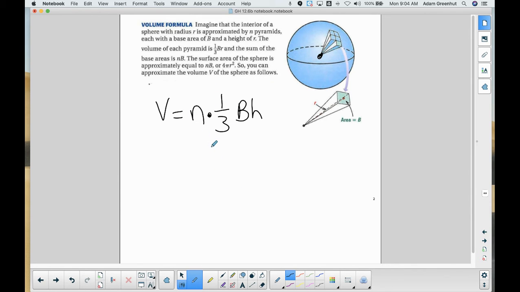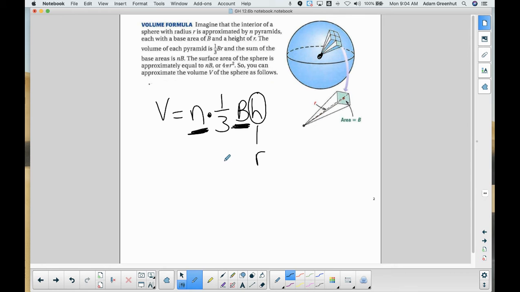So now let's see if we can regroup these factors and somehow come up with a good formula that works for a sphere. Well, the height of the pyramid is the what of the sphere? If you said radius, you'd be correct. The area of the base of the pyramid times the number of pyramids is the what of the sphere?